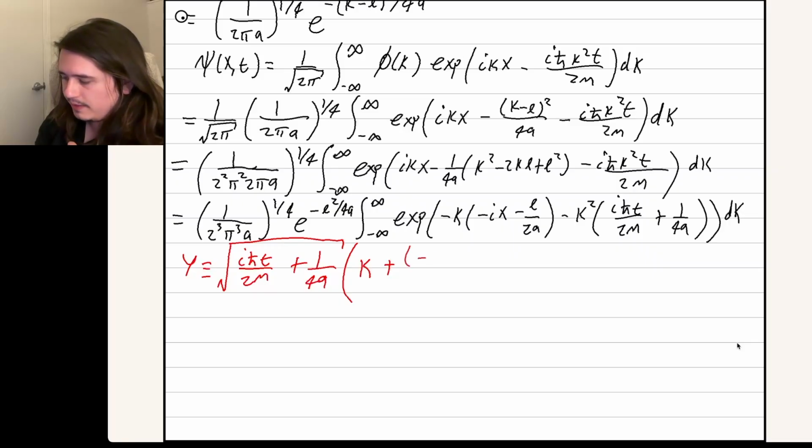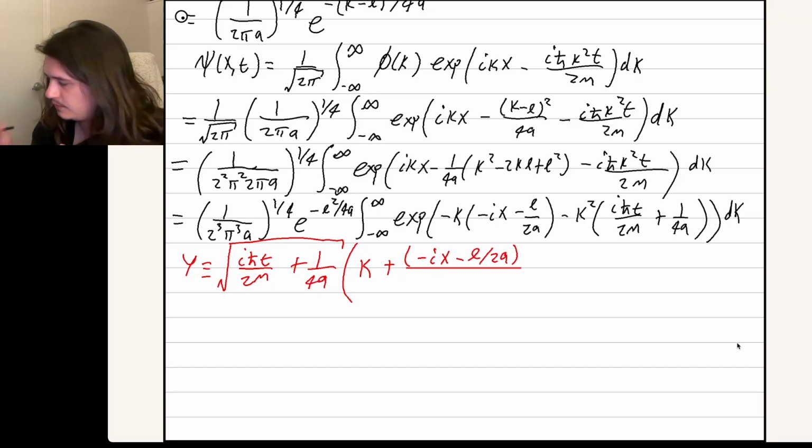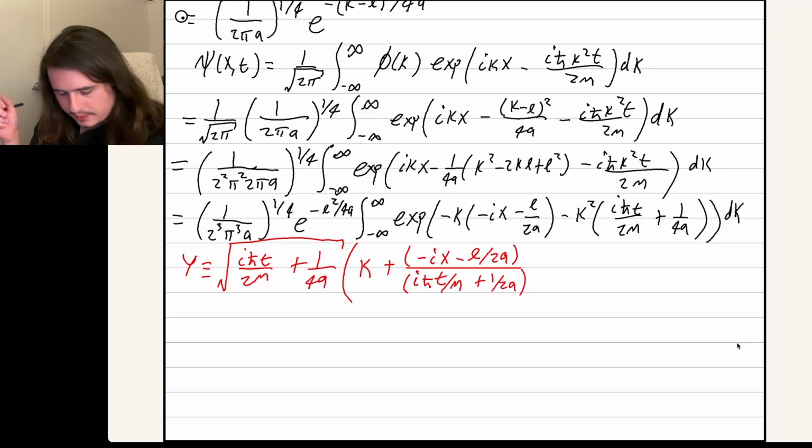So we have minus ix minus l over 2a. And that is over, oh, my tablet works now. No, it's over 2 times this junk. So it's i h bar t over m plus 1 over 2a. Right. Awesome.